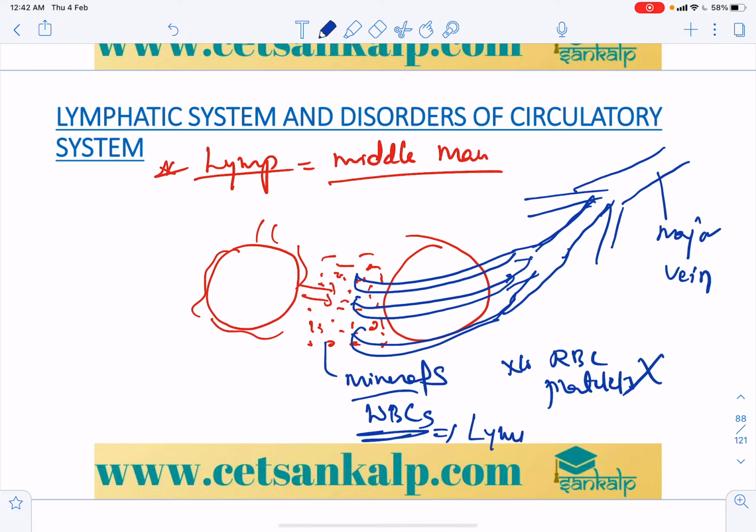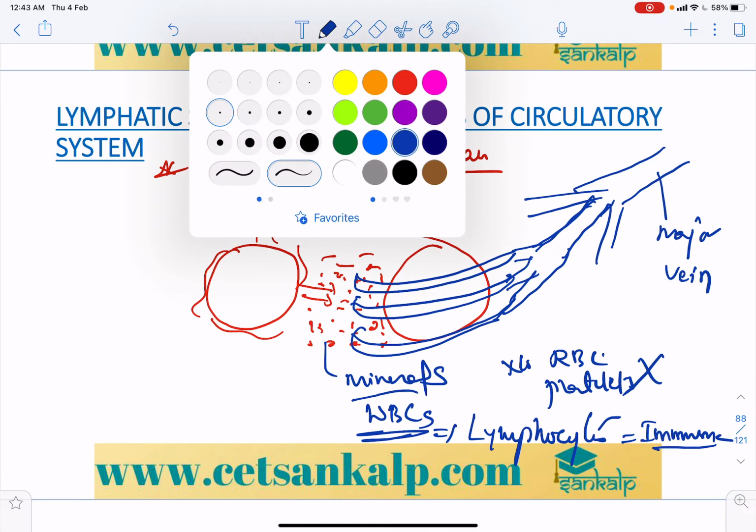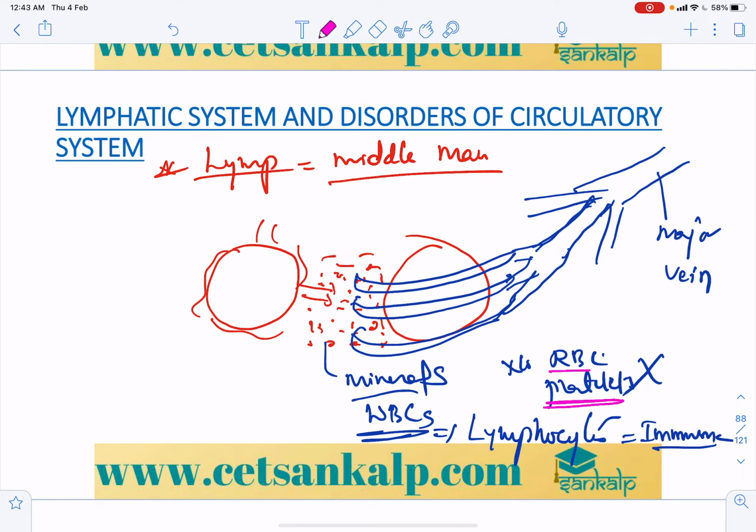We can mention that lymphocytes will be there, and they play a role in the immune system. Lymph is compared to blood, where RBCs and platelets are present, but there are no RBCs and platelets in the lymph.